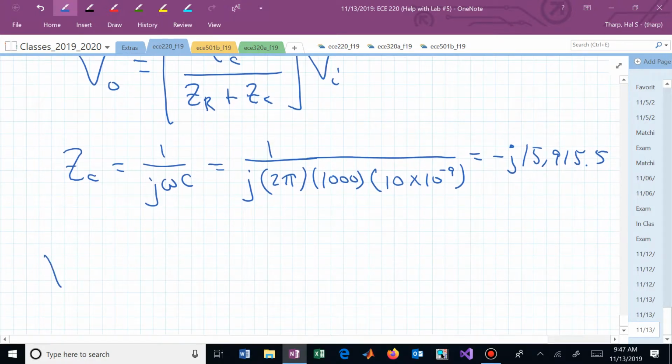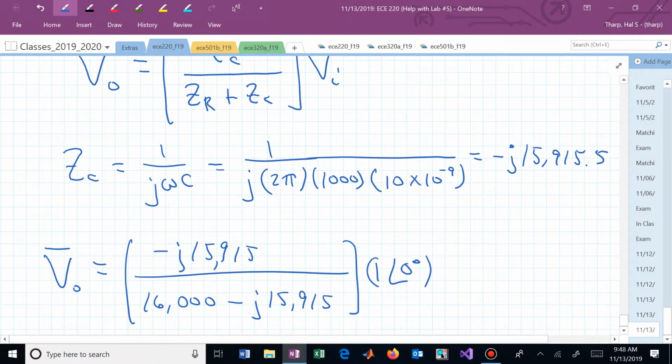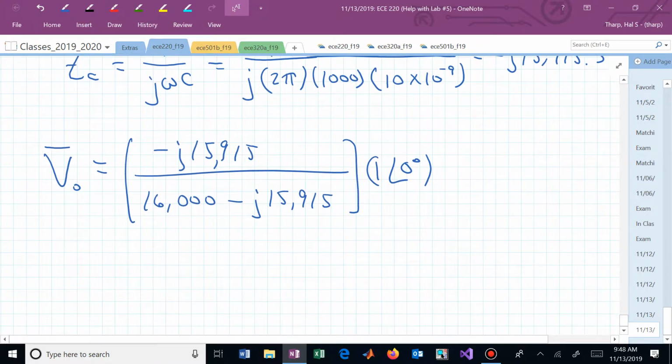When we now look at V sub 0 bar, we have minus j 15,915 over 16,000 minus j 15,915 times 1 at 0 degrees. If we factor out a 16,000 from that, do you see what we would have?